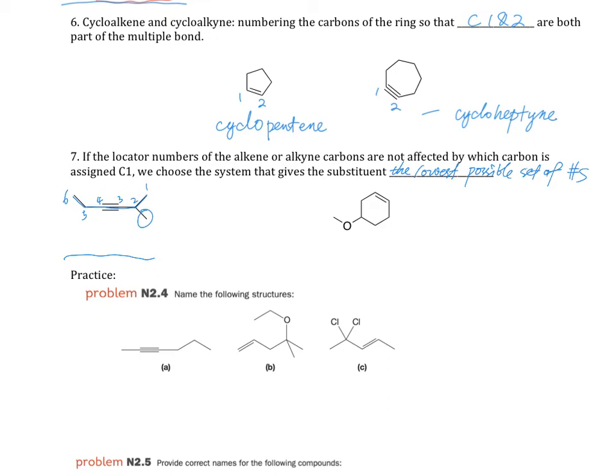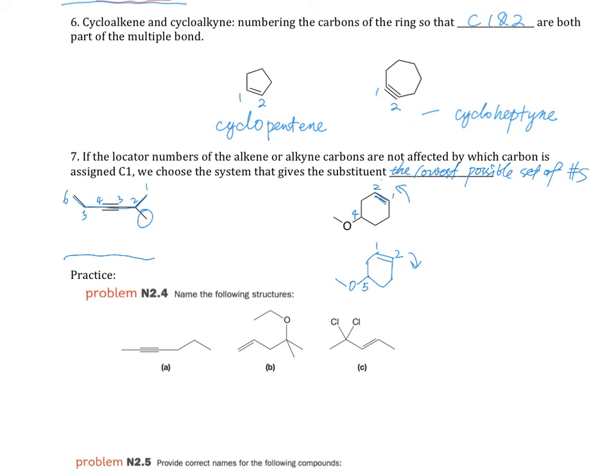Okay, so if you want to see the structure on the right, which direction should I go from? I know that this double bond will get 1 and 2, but should I go clockwise or counterclockwise? Which one will give the methoxy group a smaller number? It's going to be this way, right? So that methoxy gets 4. If you go clockwise, methoxy would get 5.